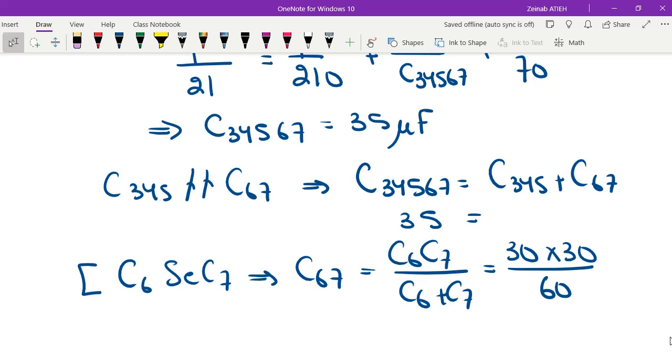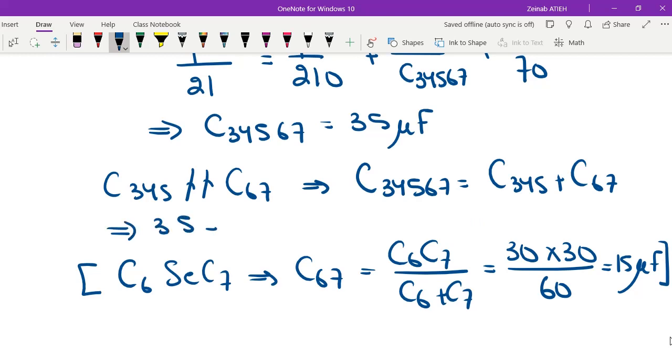This will give me 15 microfarad. Okay, I found C67, so I can substitute it above. This implies 35 equals C345 plus 15, so C345 equals 20 microfarad.